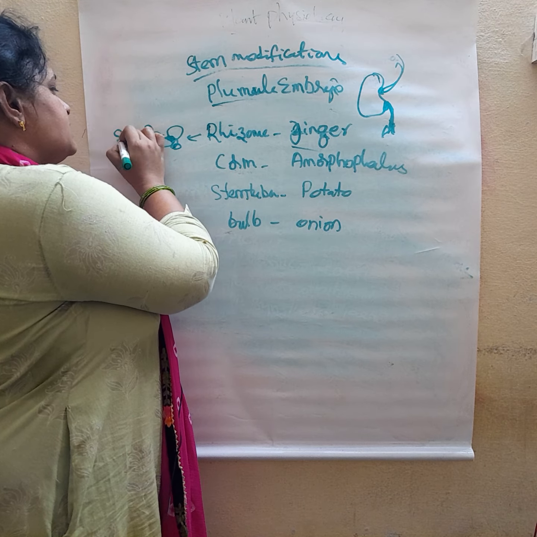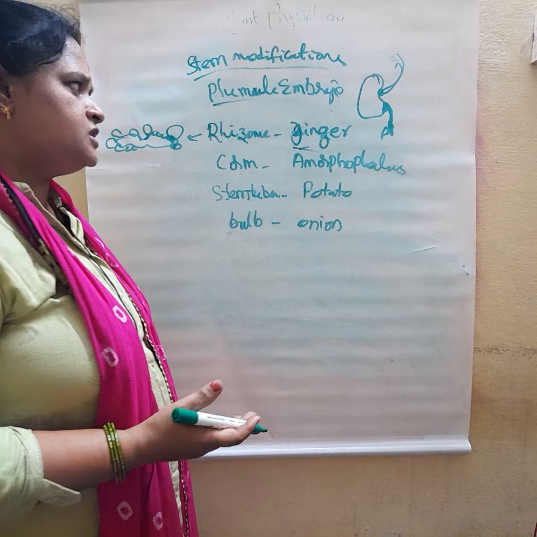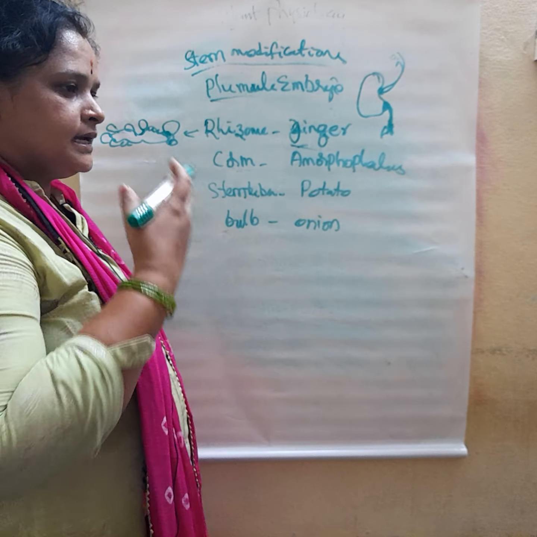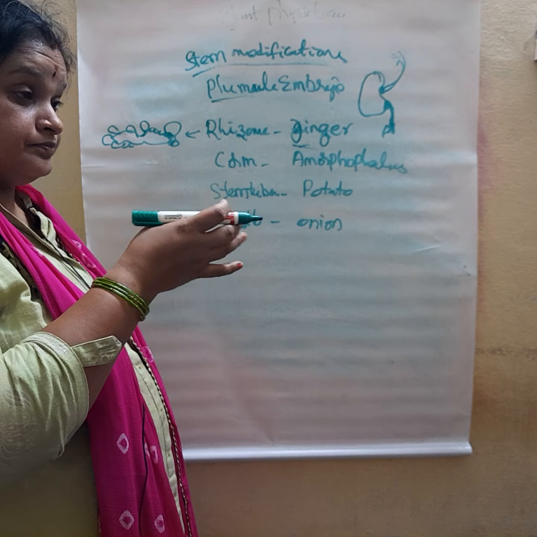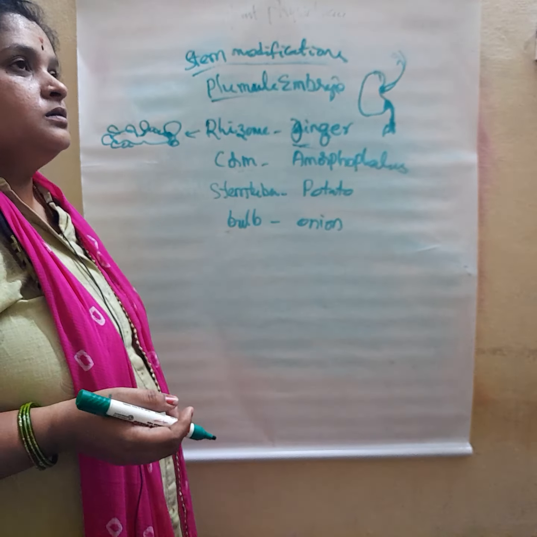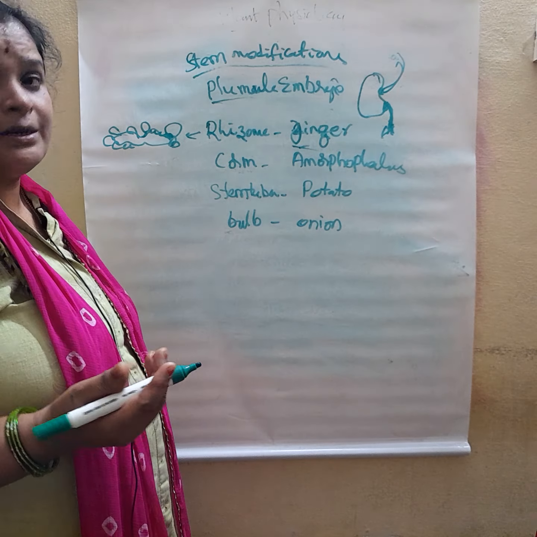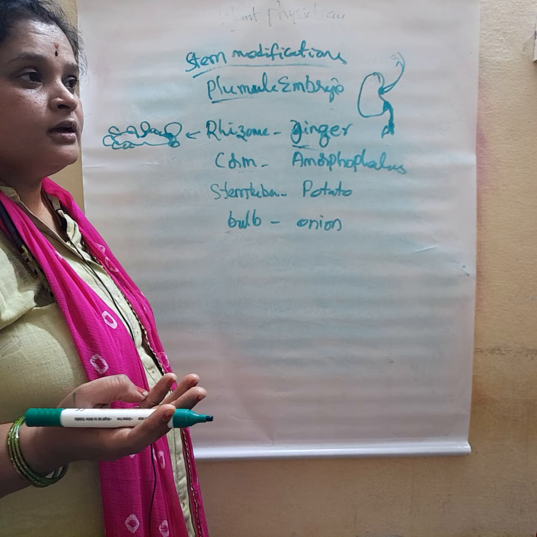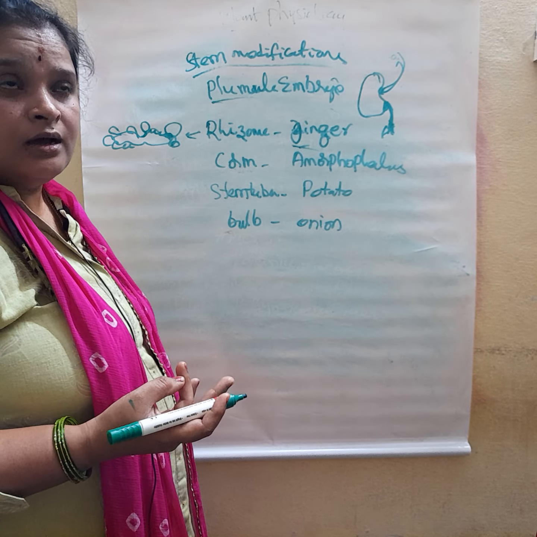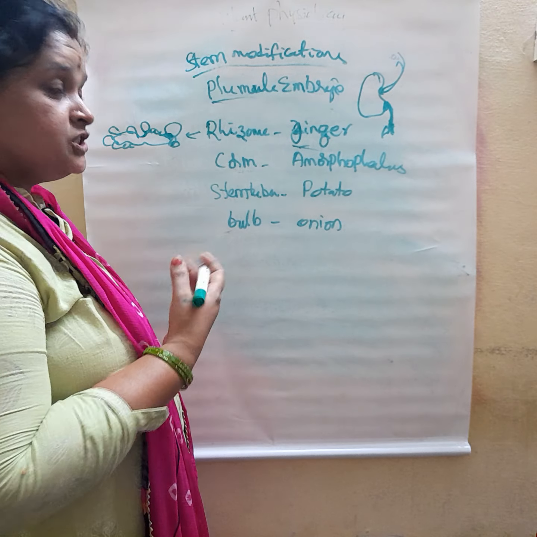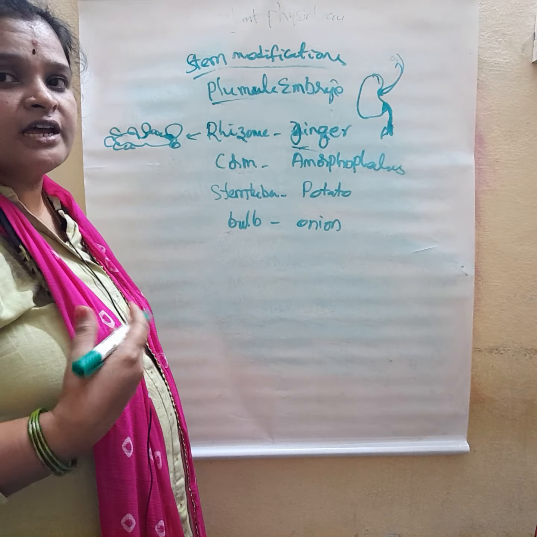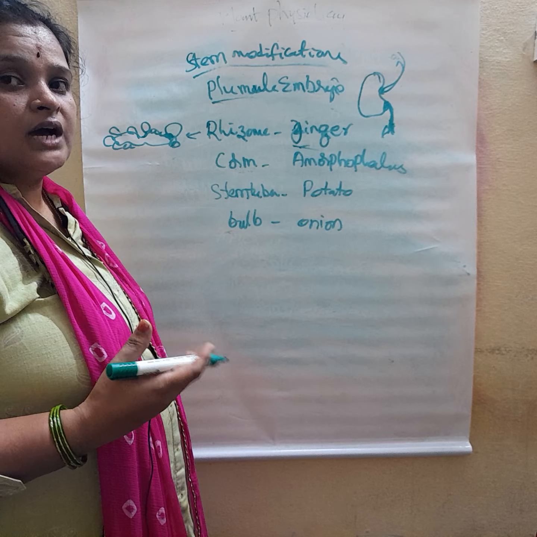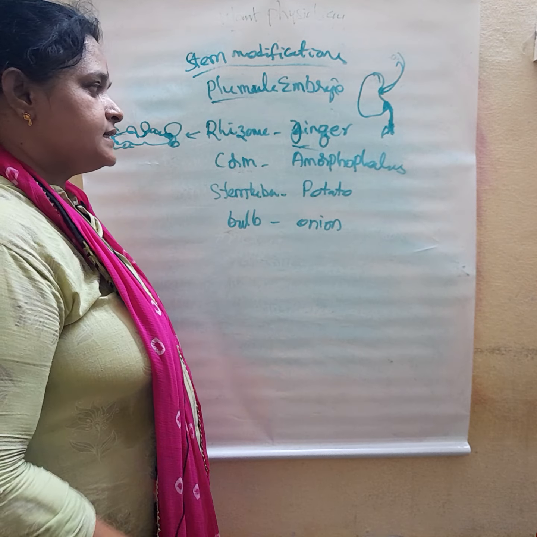Apart from ginger, many examples are there, like turmeric, Curcuma longa, and Musa paradisiaca, banana. Ginger is Zingiber officinale. So these are some of the examples.